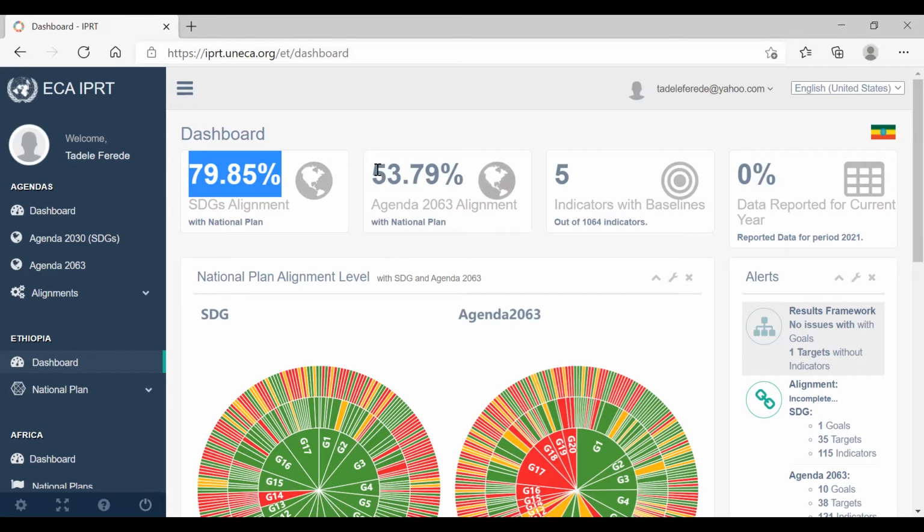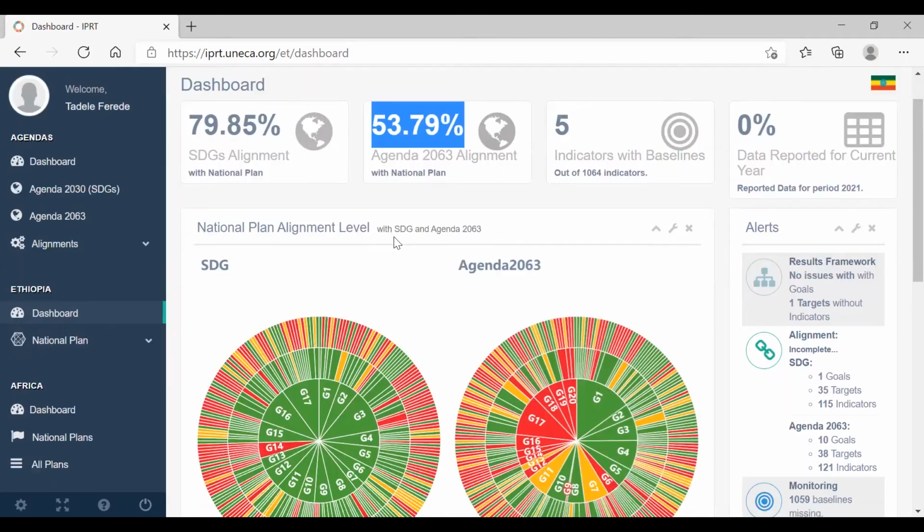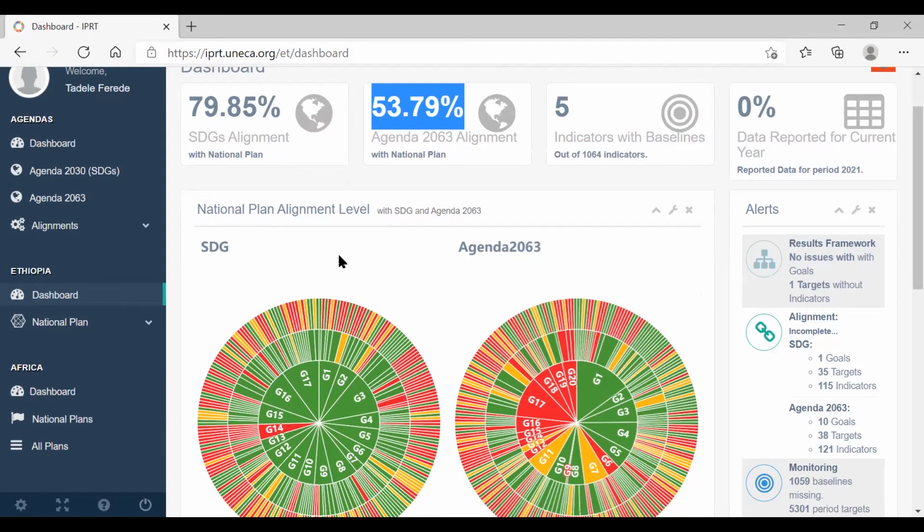This one, in terms of alignment with Agenda 2063, is only 53.79% aligned. So Ethiopia's second growth and transformation plan is more aligned with SDGs than Agenda 2063. Right?